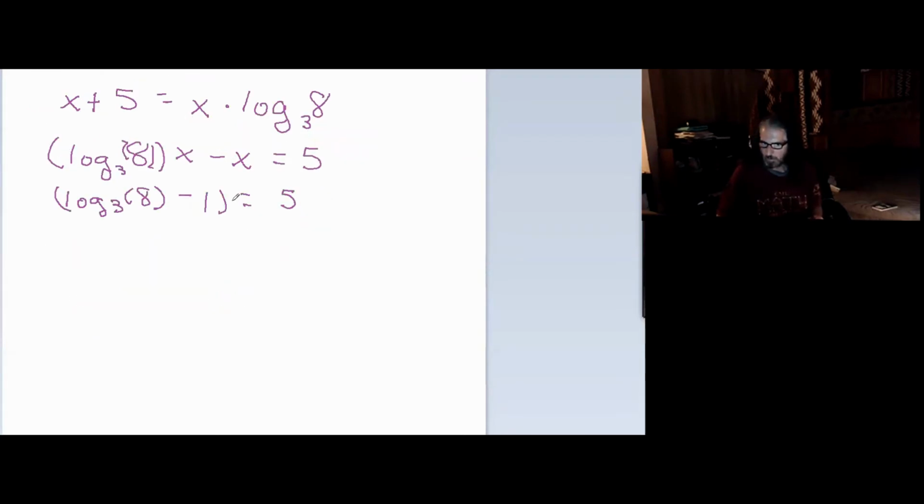Then divide both sides by this, the thing multiplied to x.